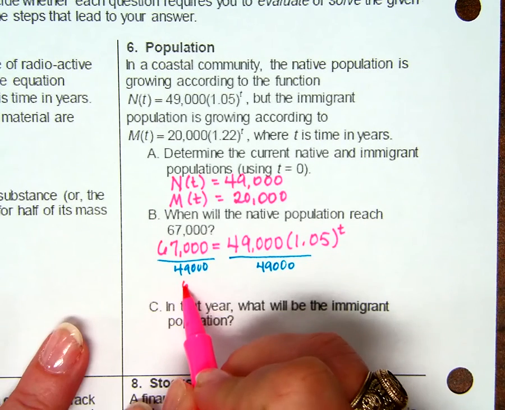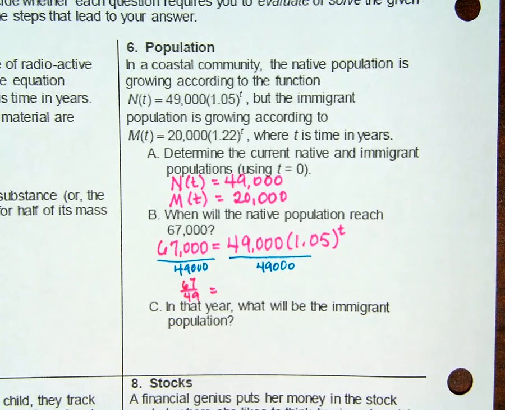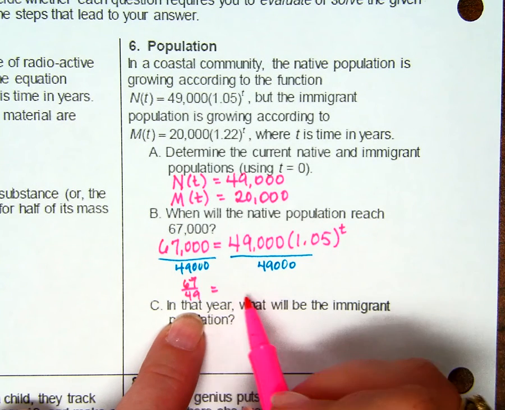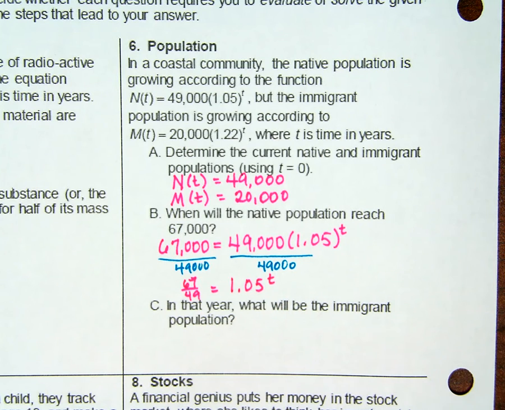So 67 over 49. Why don't I want to round yet? When do I round? Very end. Very good. Okay? So 67 over 49 equals 1.05 to the t power. Is the base isolated? It is, absolutely. There's nothing being added, subtracted, multiplied, or divided to the base.